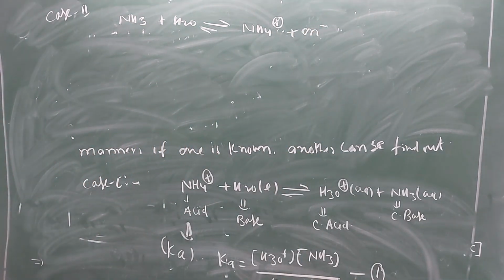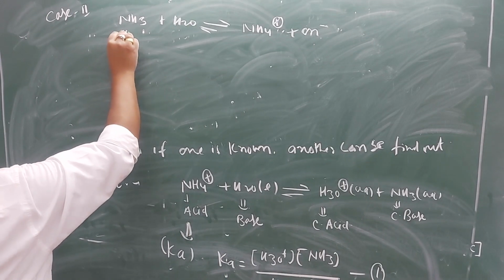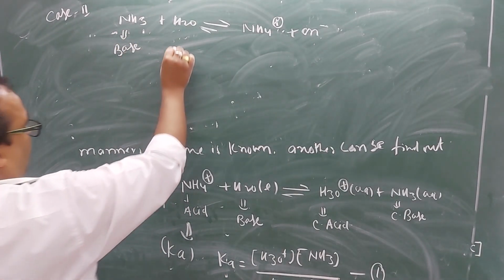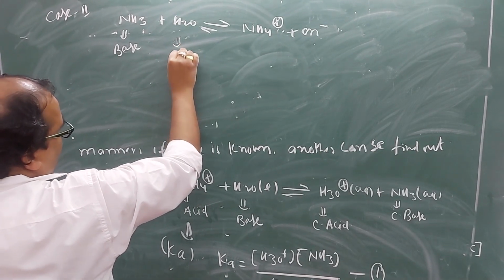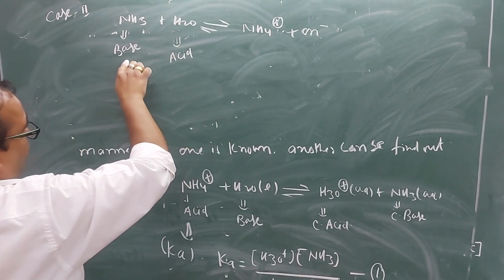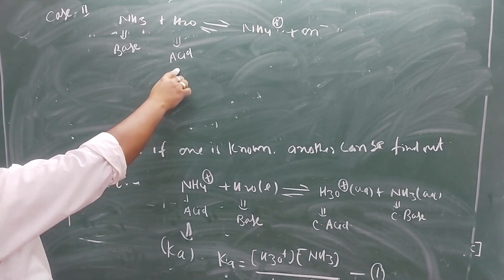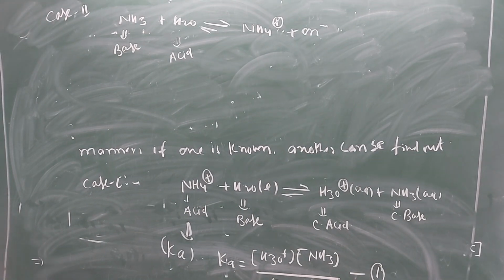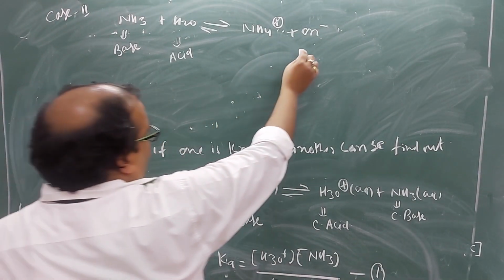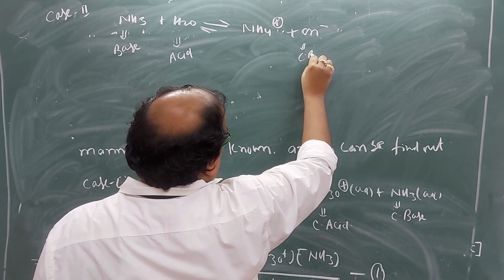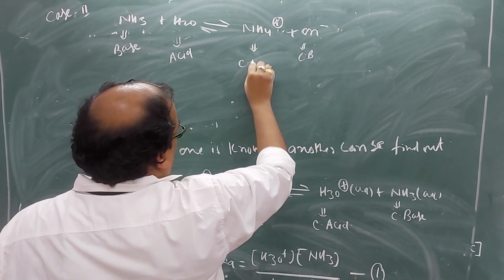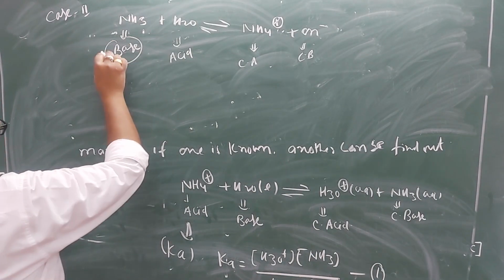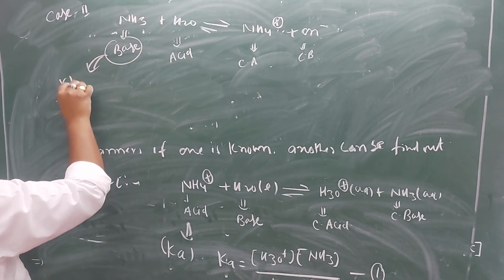So this is the base, and this is the acid here. It accepts the H plus ion. Obviously this gives the conjugate base, or this is the conjugate acid. So this base gives the Kb.